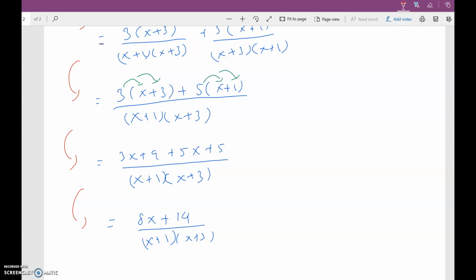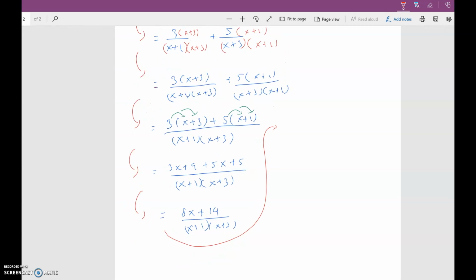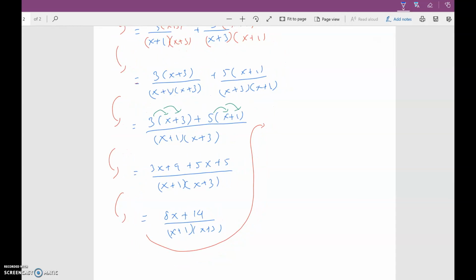Now, it's not actually needed, but let me factor the numerator. So in this case, you're going to have a 2 times 4x plus 7 over the x plus 1 times the x plus 3.